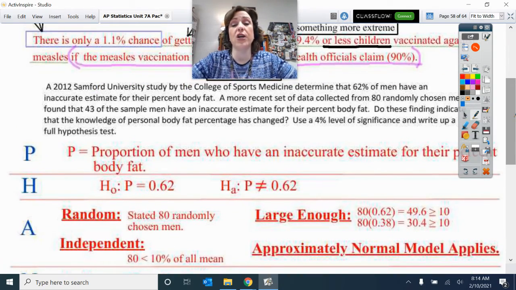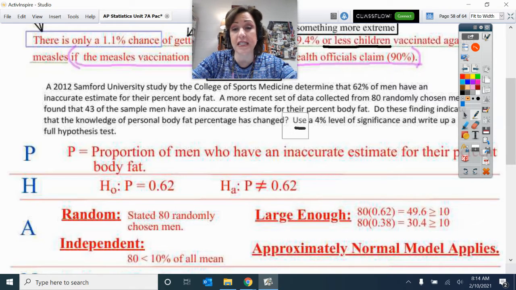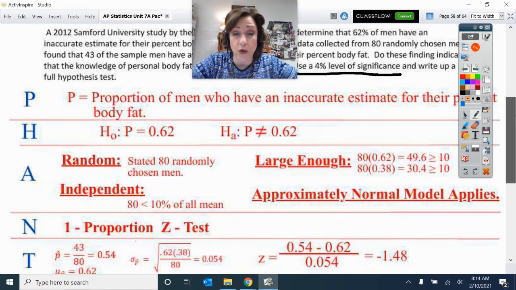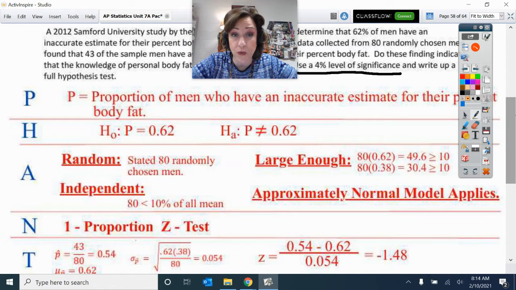So here comes our two-tailed test. One thing to note, see this 4% level of significance? That is your alpha, another name for the size of your rejection region. So here we go. This was about p equals the proportion of men who have an inaccurate estimate of their percent body fat.